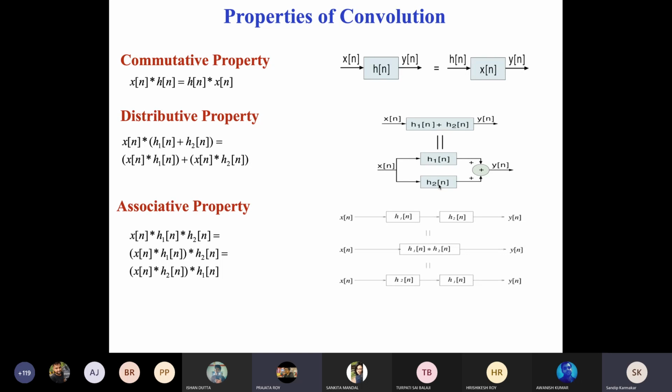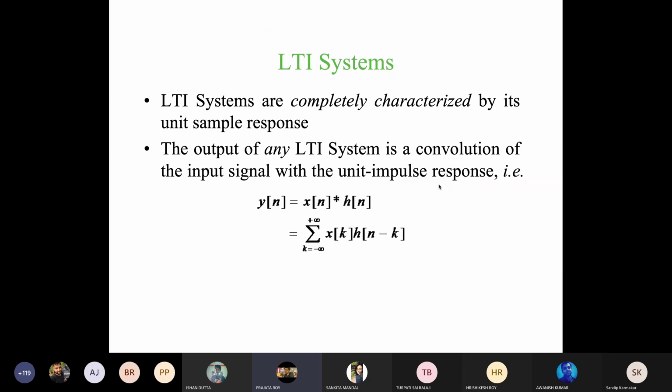Yes, sir. Why? Sir, since convolution is basically the summation of x[k] and h[n minus k], and multiplication is commutative, in that case the reverse will also be the same.